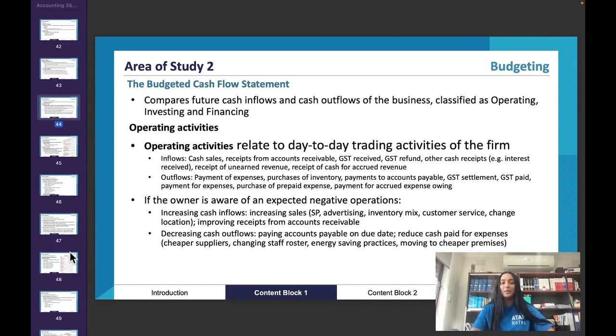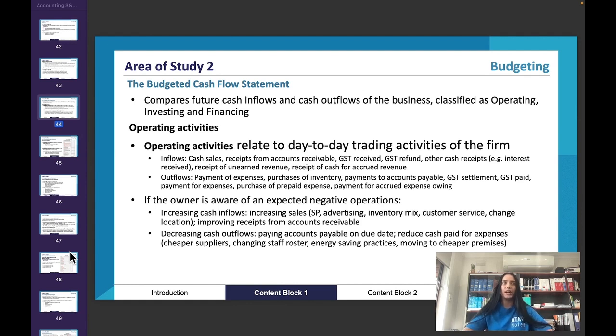The business and the business owner should really be trying everything that they can to stop those negative outcomes from happening. And if, on the other hand, the business is predicting a positive outcome, for example, a positive bank balance or a net profit, then the business should be taking advantage of that predicted positive outcome.